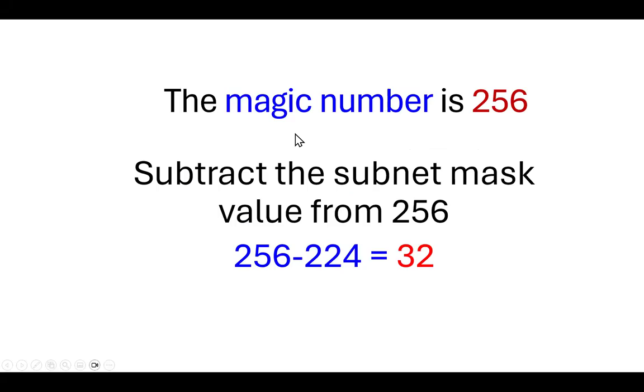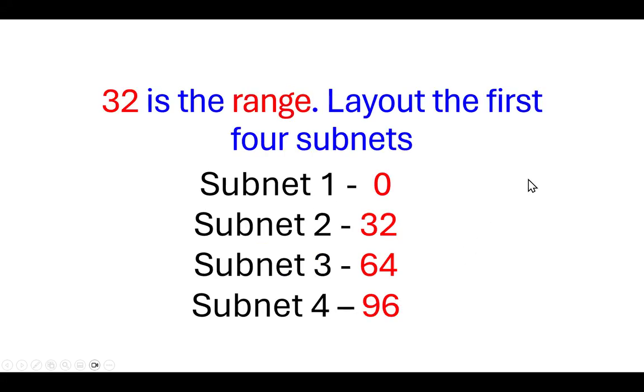The magic number is 256. So I subtract the subnet mask value from 256 to get a range. So it's 256 minus 224 equals 32. 32 is my range. This is the multiples of IP addresses that each subnet goes up in.